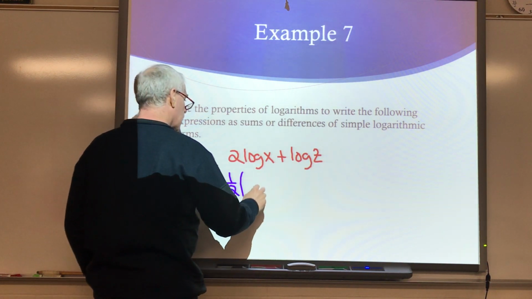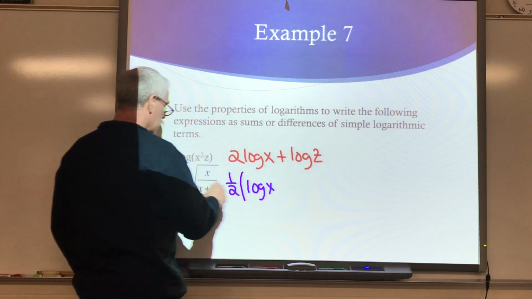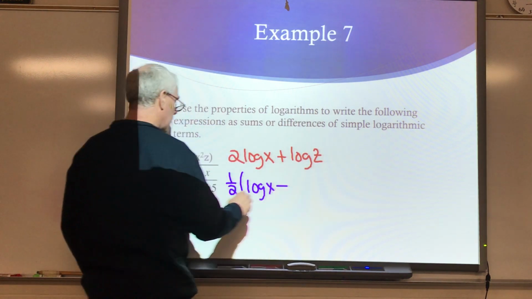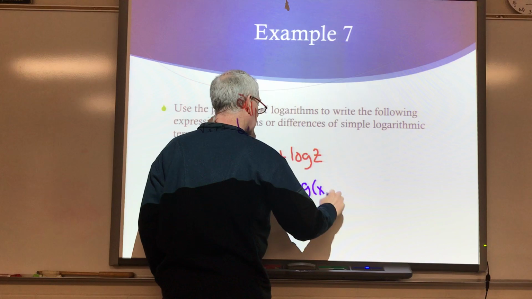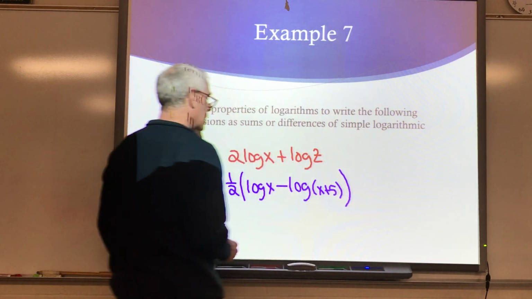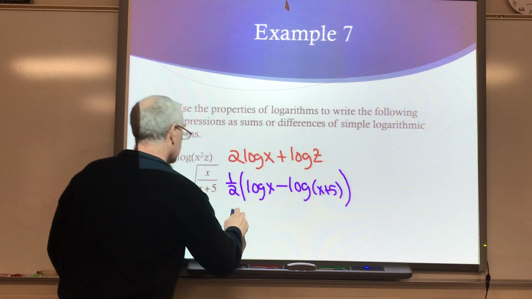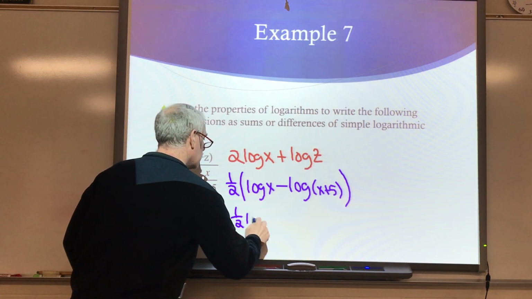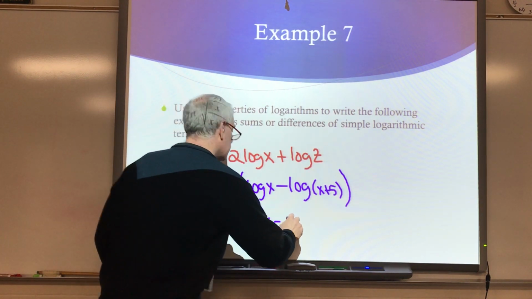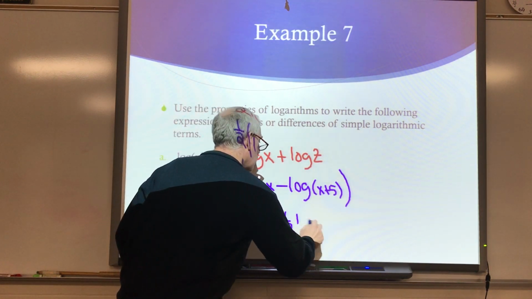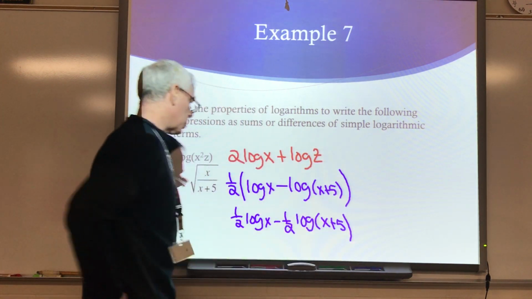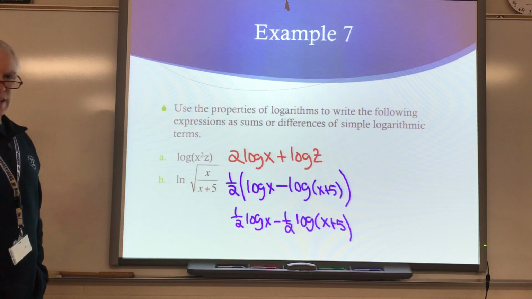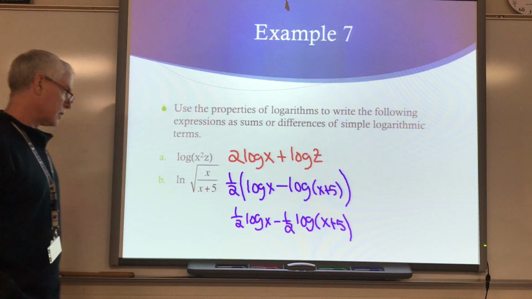Okay? Then I've got a log of x, and division, quotient turns into subtraction, minus log of x plus 5. And I guess I could distribute that 1/2, so I could go 1/2 log of x minus 1/2 log of x plus 5, like so. So just getting familiar with those properties, guys, okay?